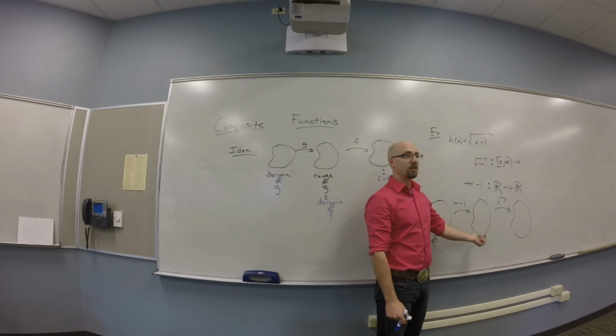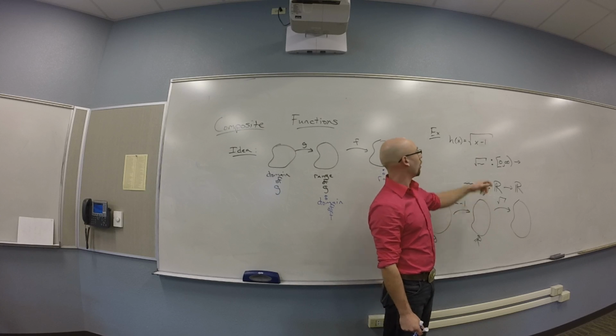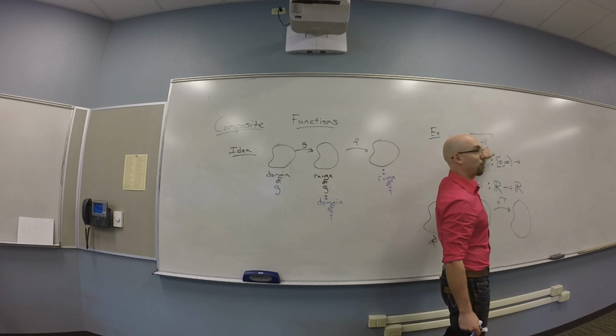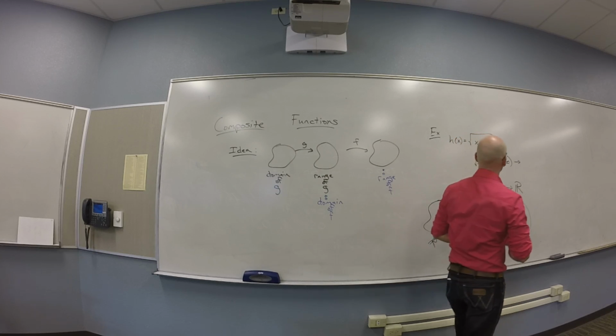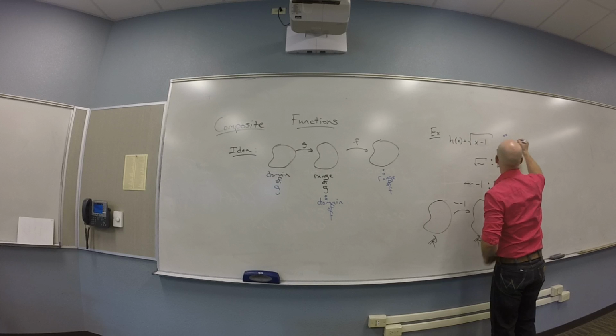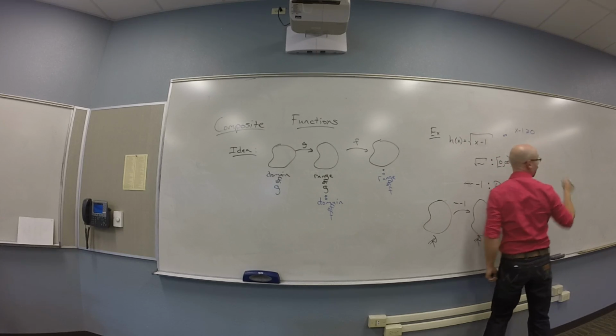No, you need to consider the square root side too. I need to be able to do the square root to the result of that. So I want to know which things make the part under the square root positive or at least 0. So I need x minus 1 to be bigger than or equal to 0.